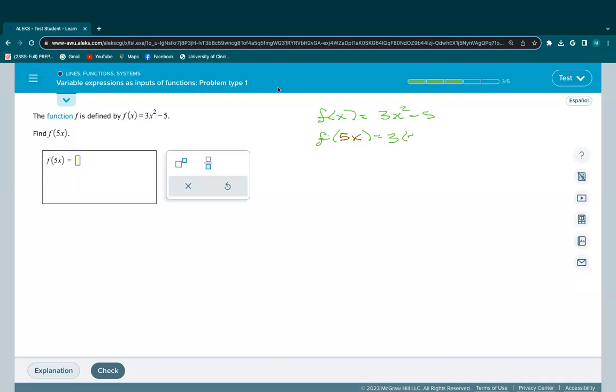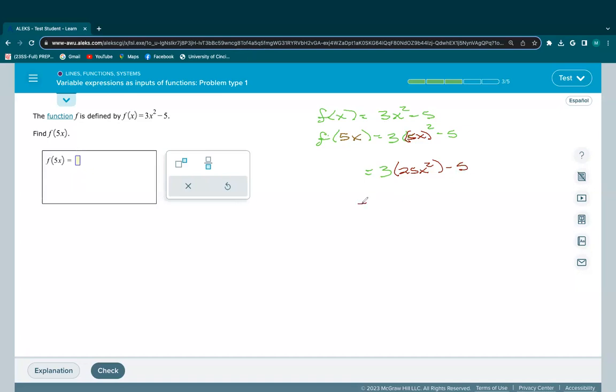So 5x. And then I still have the squared in the problem and the minus 5. So this equals 3 is hanging out. The 5x squared is going to become 25x squared. And then I have a minus 5.